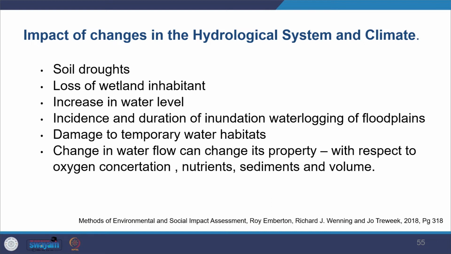If the water level increases, it increases the chances of inundation. So how frequently it will happen, how long it will happen, those things will also change. And then there will be an increase in the water logging of the flood plains, and then it might adversely affect several of the diversity.